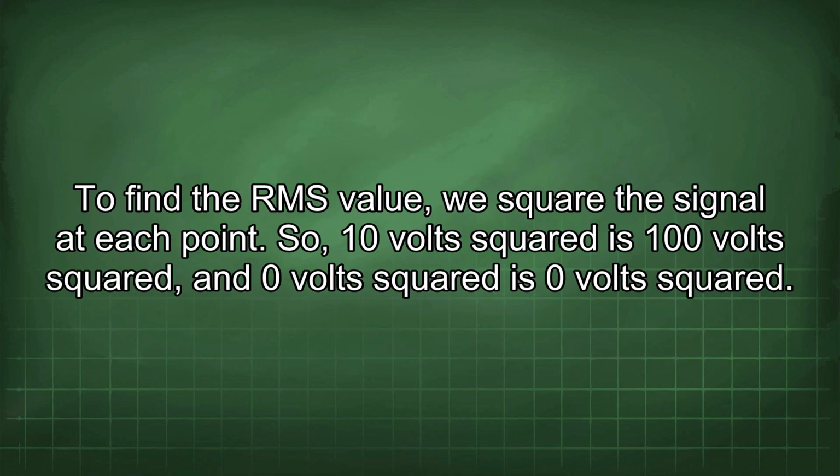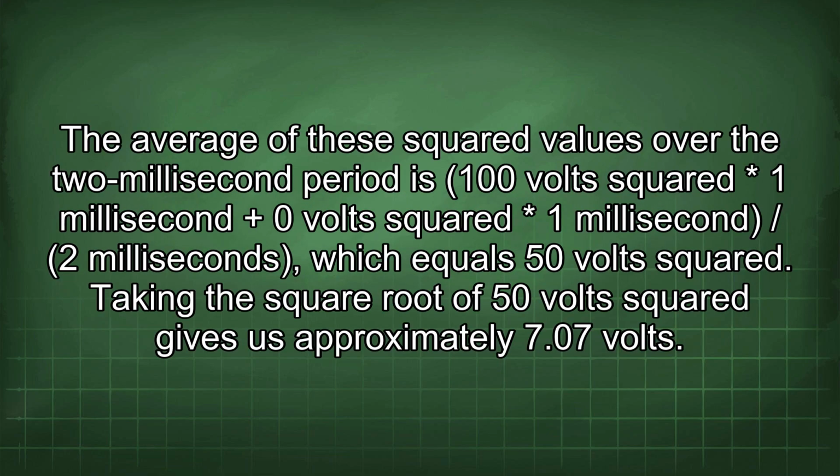To find the RMS value, we square the signal at each point. So 10 volts squared is 100 volts squared, and 0 volts squared is 0 volts squared. The average of these squared values over the 2 millisecond period is (100 volts squared * 1 millisecond + 0 volts squared * 1 millisecond) / 2 milliseconds, which equals 50 volts squared.